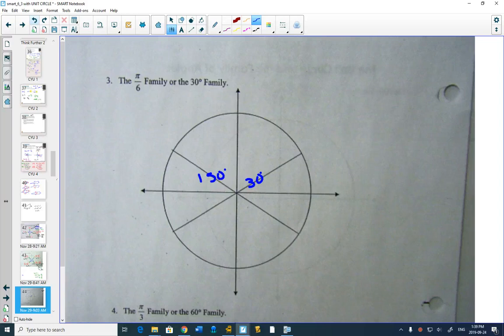How did you do? 150 degrees, 210 degrees, 330 degrees.